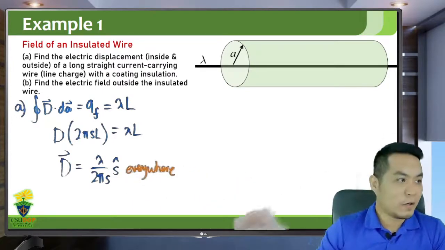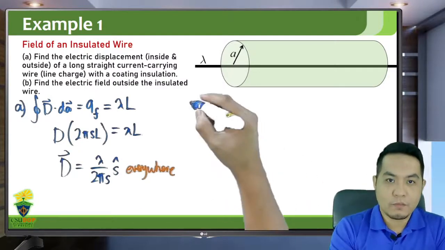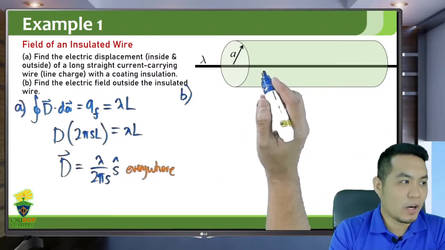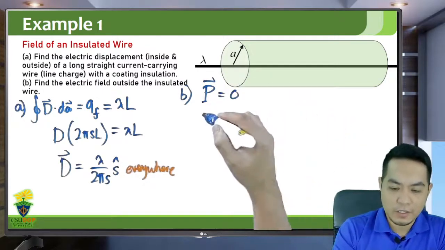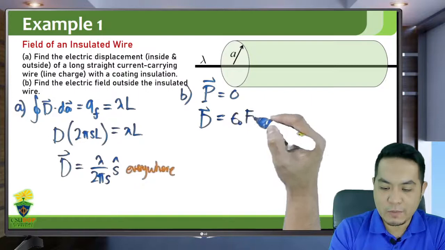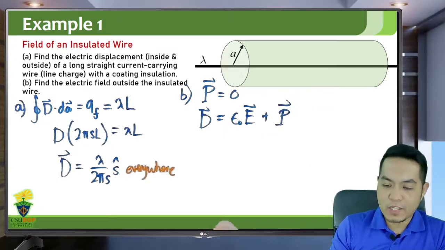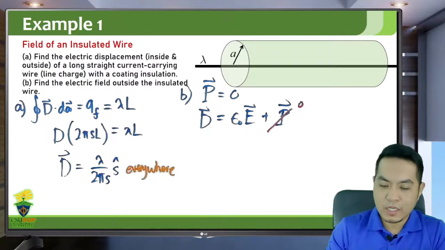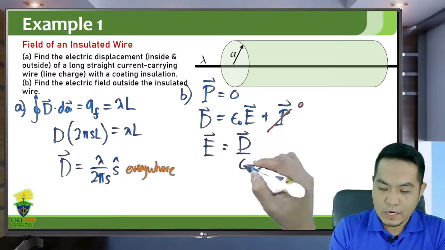Okay, for letter B, find the electric field outside of the insulated wire. Outside of the insulated wire, the polarization is actually 0. Meaning, from the formula of the electric displacement, D is epsilon naught times the electric field plus the polarization. So if the polarization is 0 outside, then the electric field outside is just equal to D over epsilon naught.